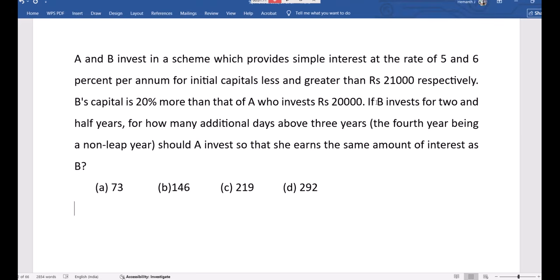Here they ask how many additional days A should invest so that the same interest will be generated. They have given the fourth year being a non-leap year, because when you count the number of days it is required. This is a very special question because of days. We know months and years related to time in simple interest and compound interest, but now it's all about days. Give it a try. How can you handle this?